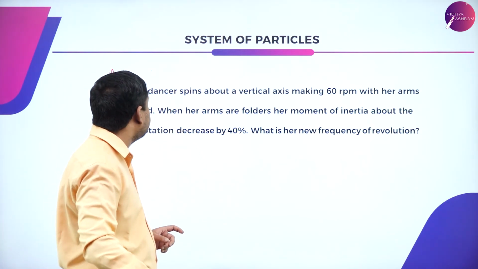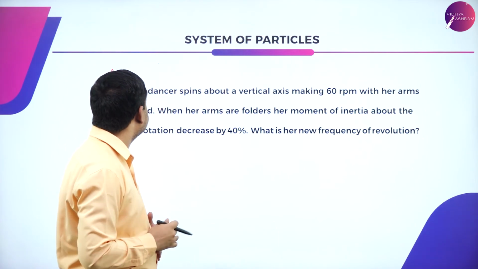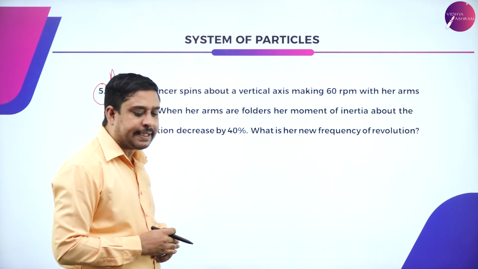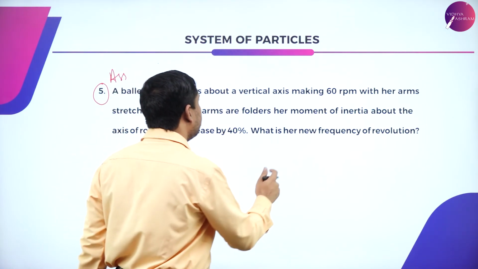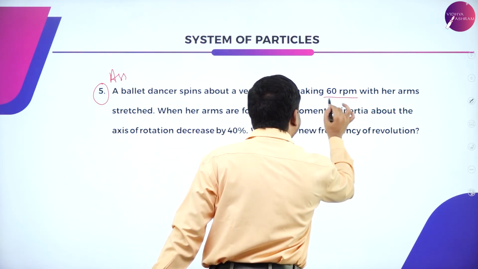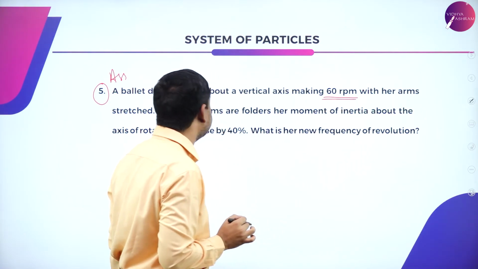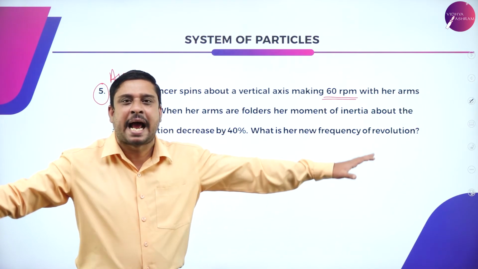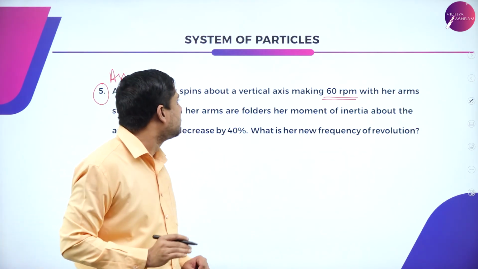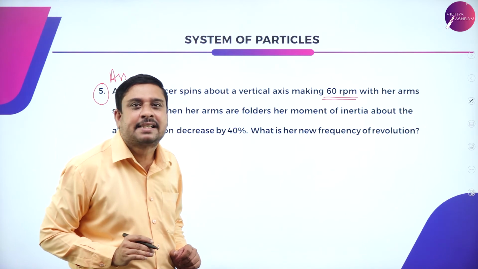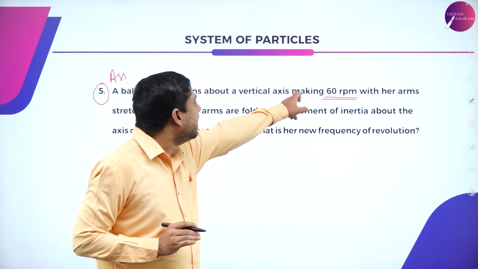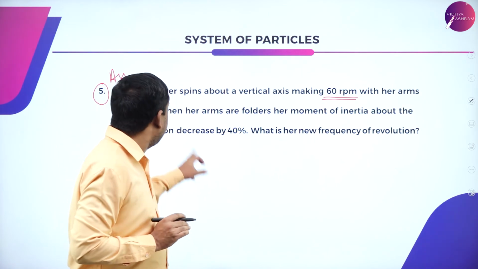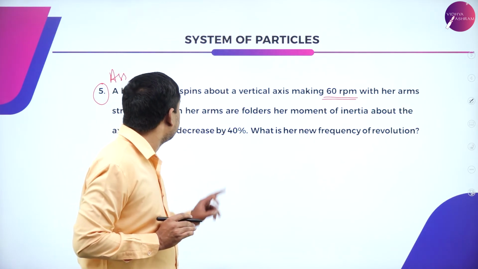A ballet dancer spins about a vertical axis, making 60 rotations per minute with her arms stretched.